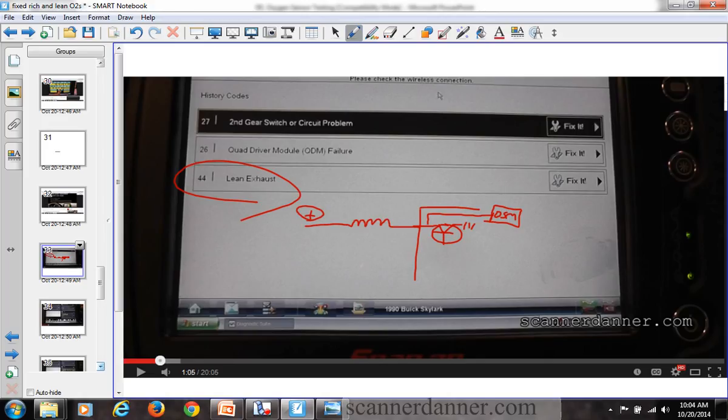In these early GMs, they would take 4 different circuits, 4 different drivers, and they were all monitored. There would be one here, one here, and all 4 of these would be monitored by one, what they called QDM.